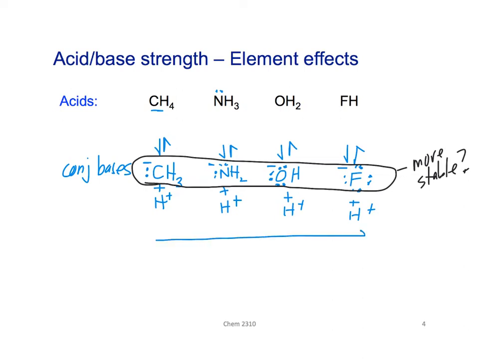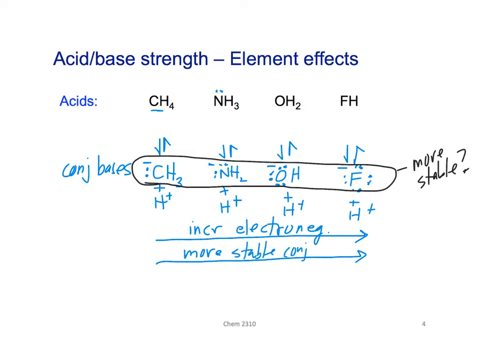So if we go from left to right, we have increasing electronegativity. All right, so a more electronegative atom should be able to better hold the minus charge. So this would make us predict that this is going to be a more stable conjugate base as we go from left to right, which would then lead us to predict that our acid strength also increases from left to right, from methane to HF.